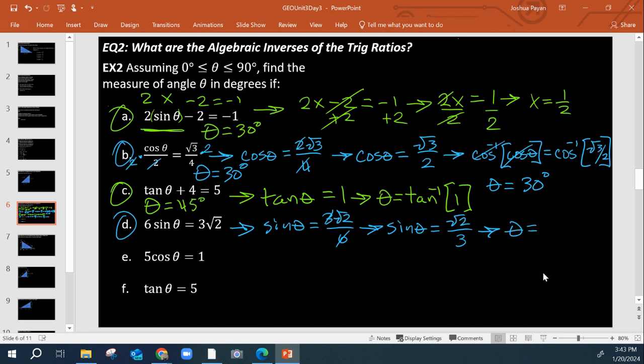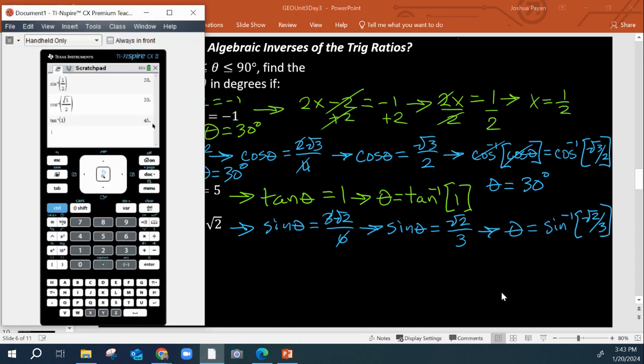Theta is going to be equal to, well, this is not a special trig ratio this time. Okay, so now we have to use the calculator. So theta is going to be equal to the arc sine of square root of 2 over 3. No idea what that is off the top of my head. So now we have to use the calculator.